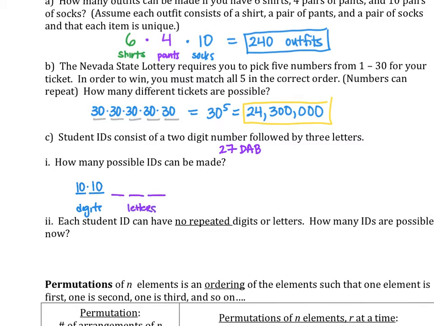If we're talking about the English alphabet, there should be 26 possible letters to pick from for each of these spots. So 10 squared times 26 to the 3rd, and when we put it in our calculator, there would be 1,757,600 possible IDs made.